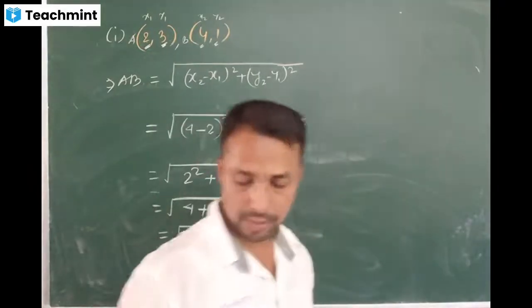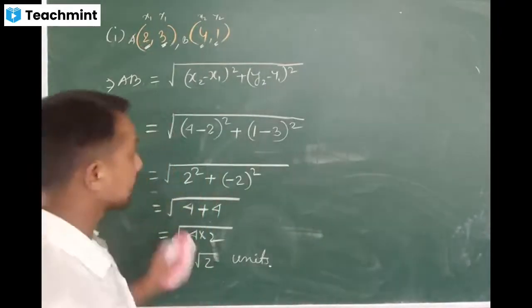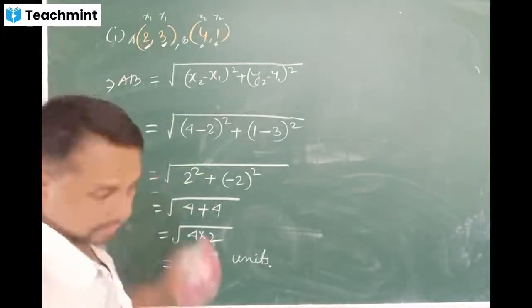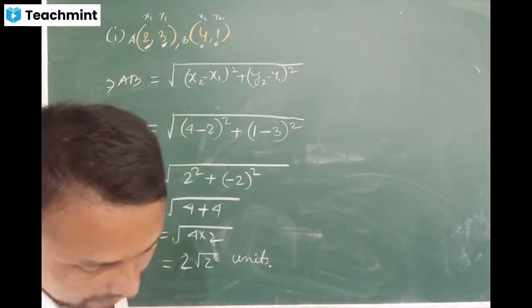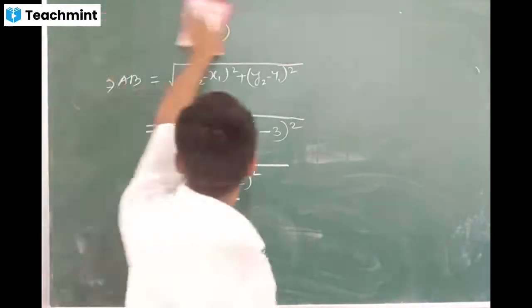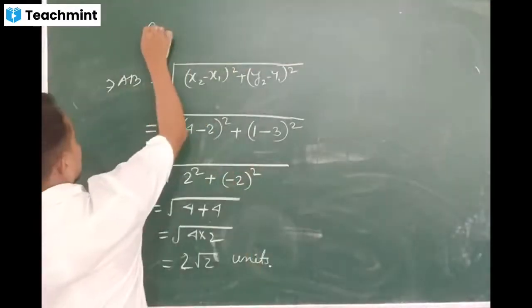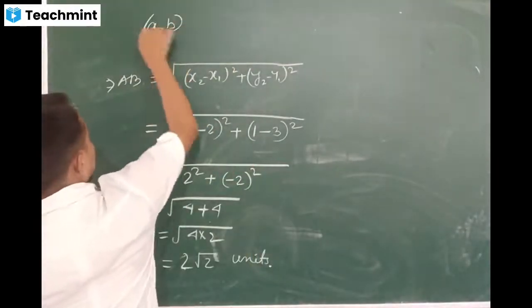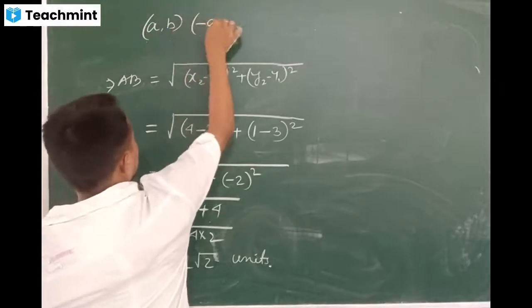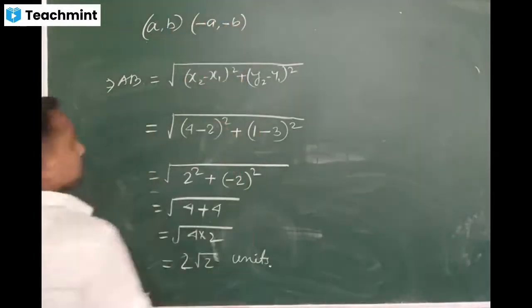Similarly, for the last one, you can try out the next. There are the points (A, B) and (minus A, minus B).